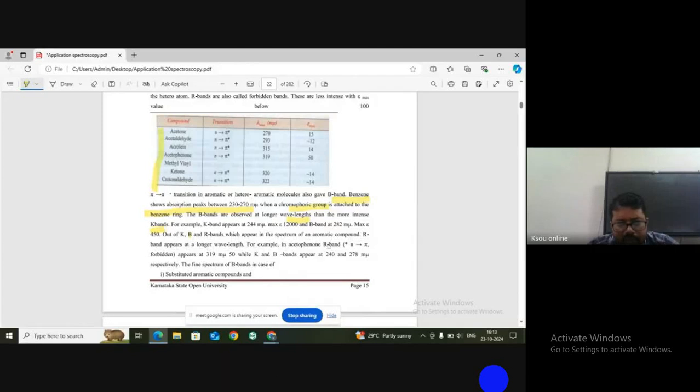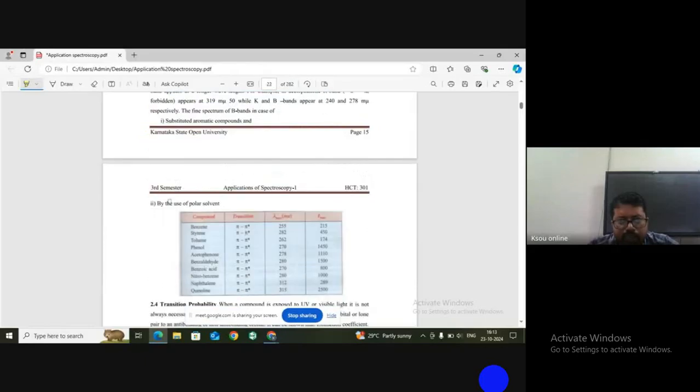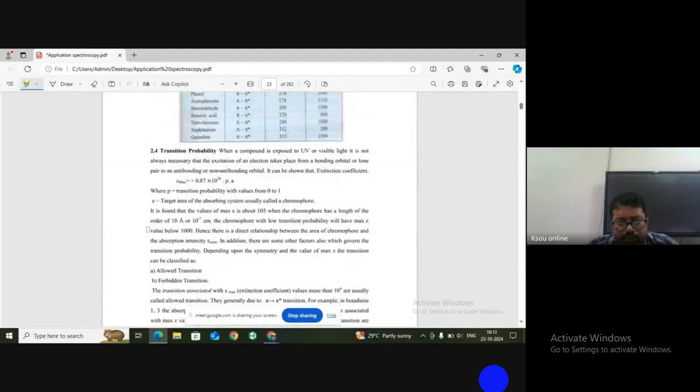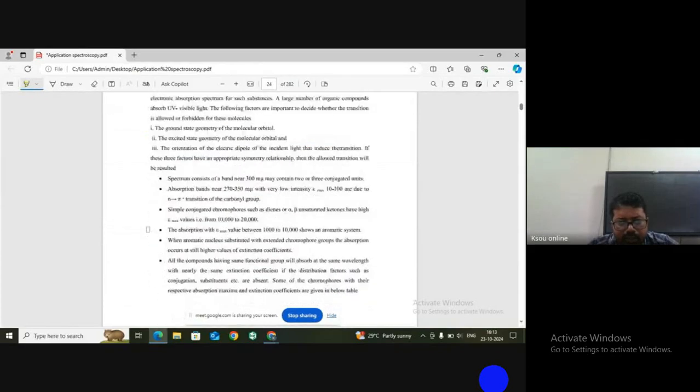For example, in acetophenone, the n to pi star transition is forbidden and appears at 319, while K and B bands appear at 240 and 278 respectively. The fine spectrum of the B band is seen in the case of monosubstituted aromatics. So this is important.